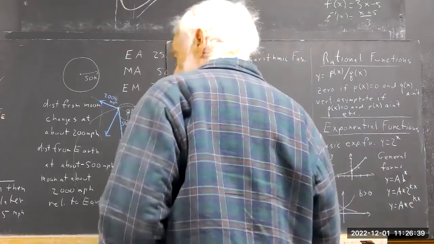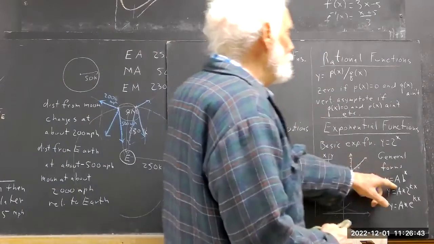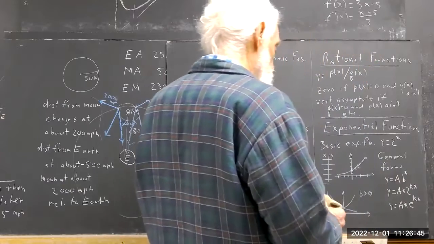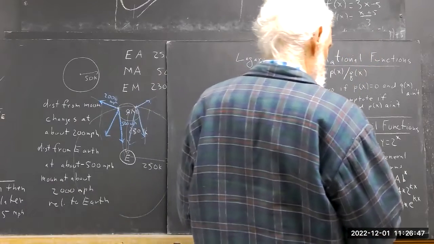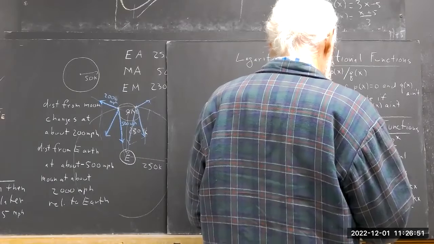If b is less than 0, it's not even defined, because you can't define the exponent in general for a negative number.